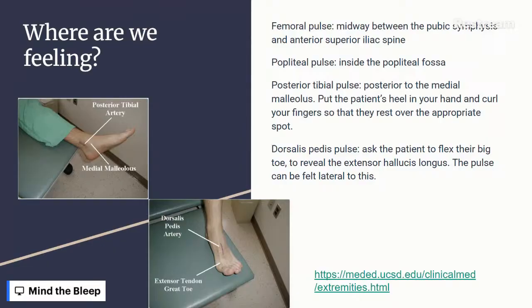As I mentioned before, feel it on your own feet and then try it on someone else because it's different and you want to get used to doing it both ways. And the dorsalis pedis, again, ask the patient to flex their big toe. That will reveal the extensor hallucis longus tendon, and then you can feel lateral to that.